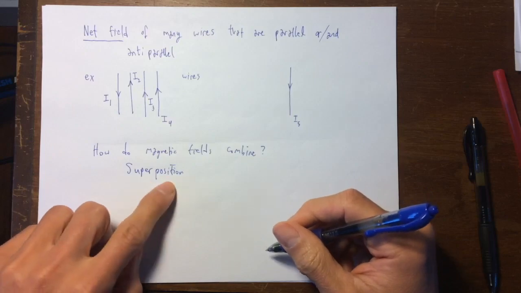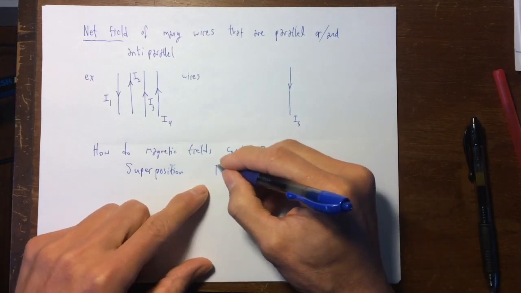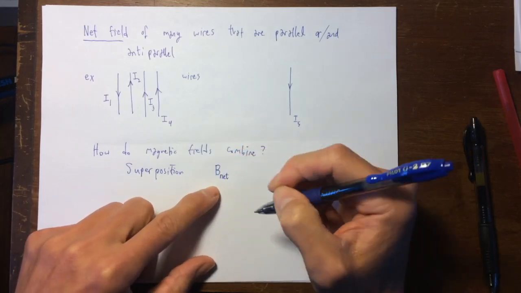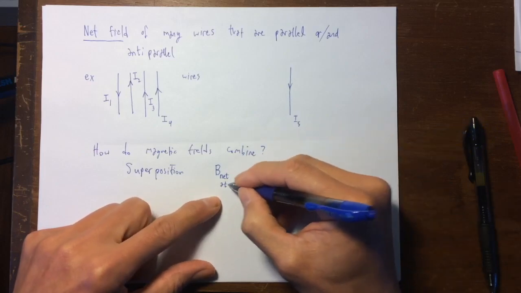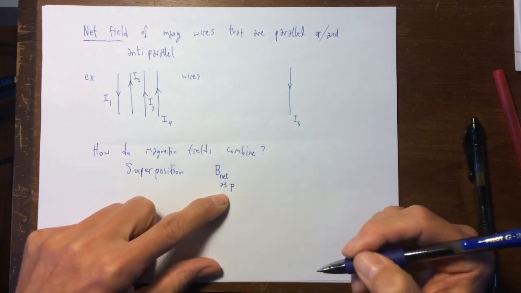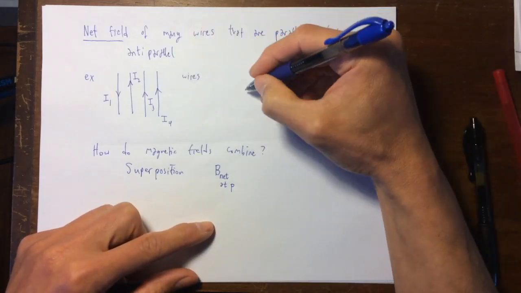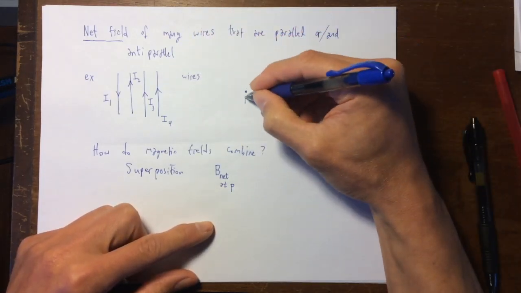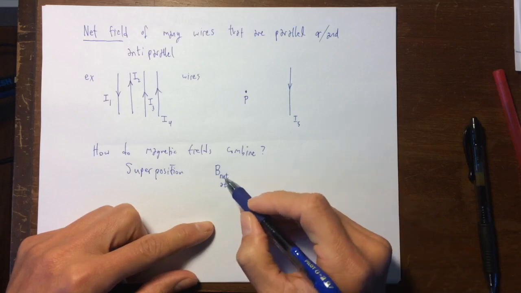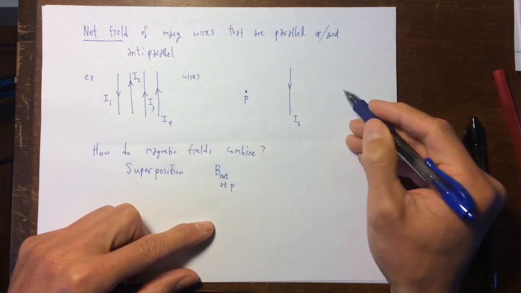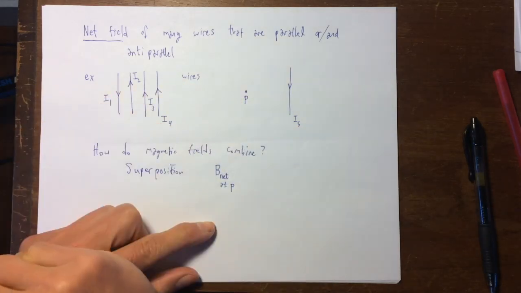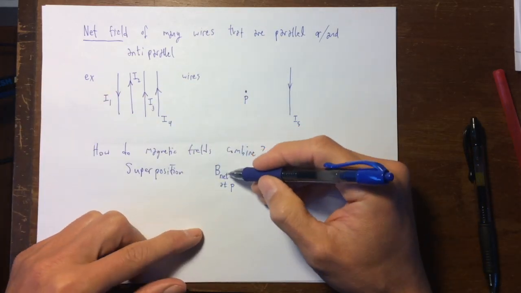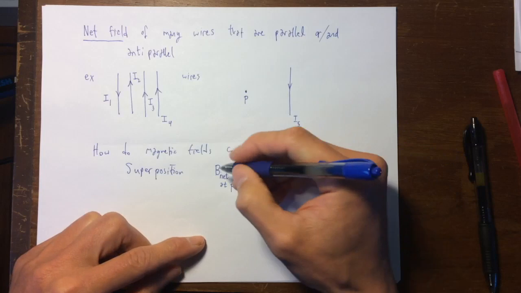It's called superposition. That is, the net magnetic field anywhere, so let's say at P. Let me pick a place P. Here is a place P, and I want to know what is the magnetic field here. I could have checked over here, or in between the wires, or on the left side. It doesn't really matter. But what is the net field at P?